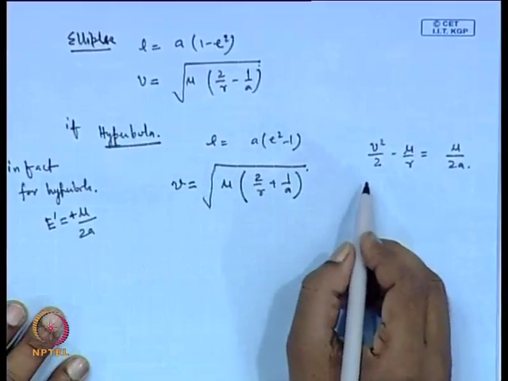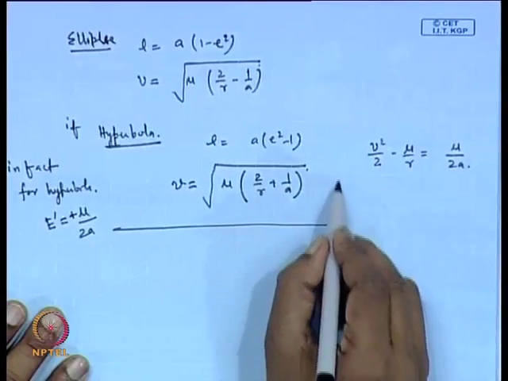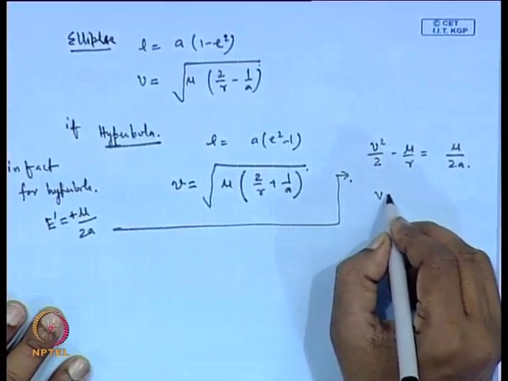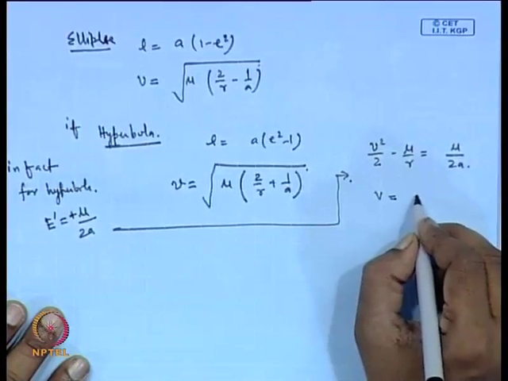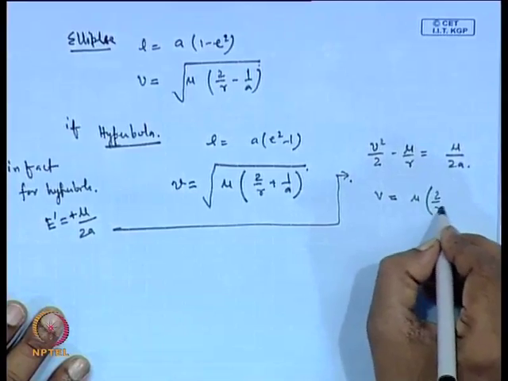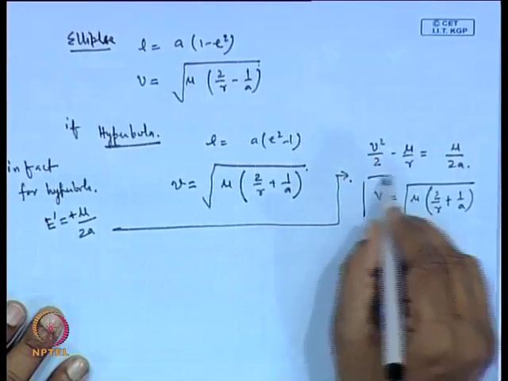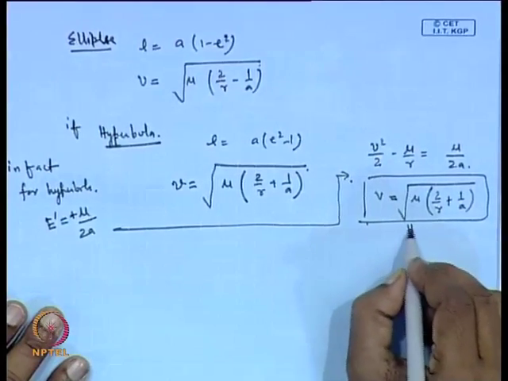Therefore, we get this result. So, from here this can be resolved to give V equal to root of mu times 2 by r plus 1 by a. This is the relationship for hyperbola.